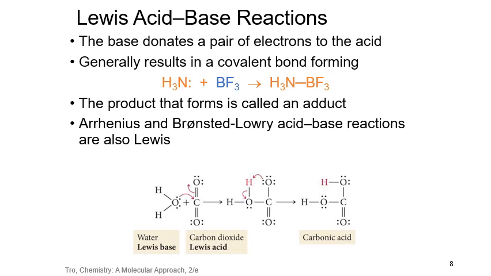An example of this is when we have water and carbon dioxide that form carbonic acid. We actually form a bond between that Lewis base, which is our water, and our Lewis acid, which is the carbon dioxide, and we get a new adduct that we call carbonic acid.